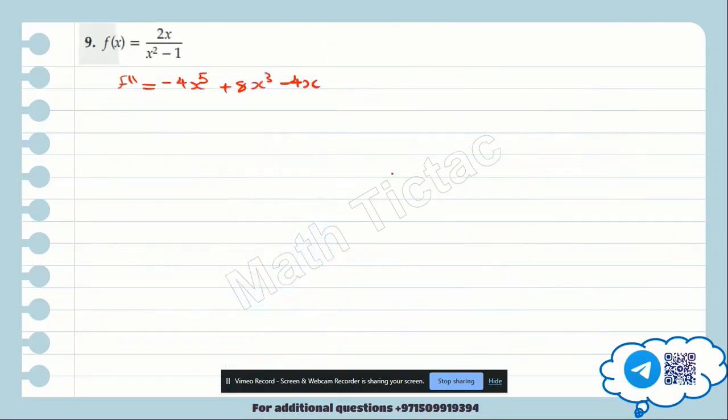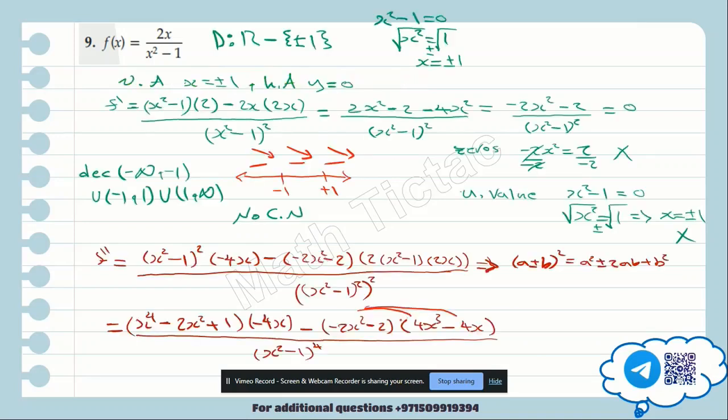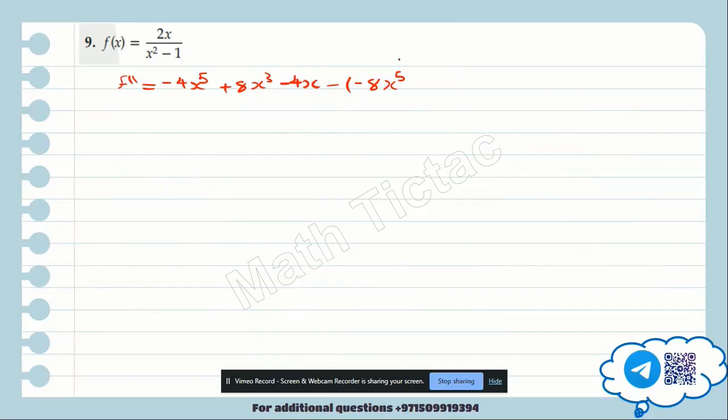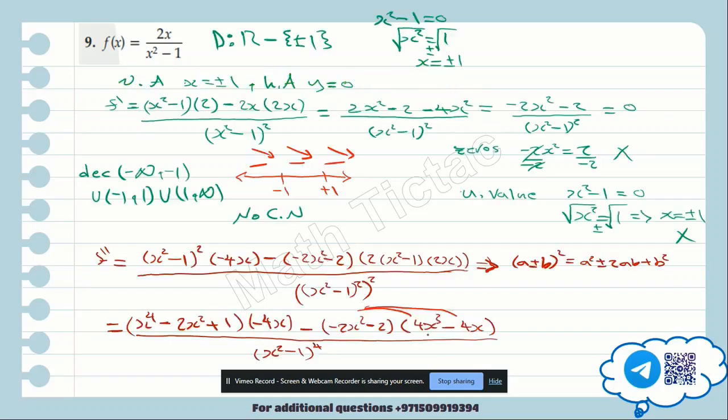So this is going to be minus 8x to the power 5. Okay, then we have what? Then we have minus 2x squared multiplied by minus 4x, which is equal to positive 8x to the power 3. Okay, then we have what?